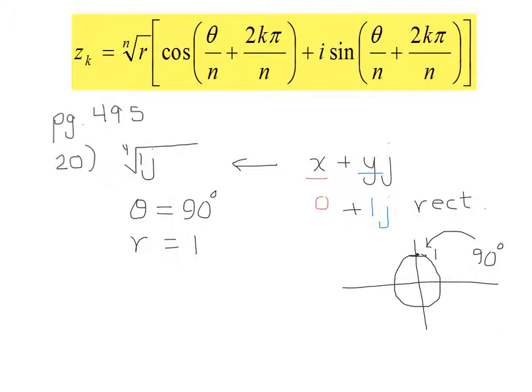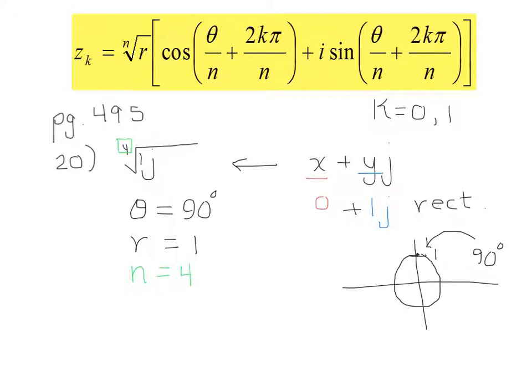n is the roots that I'm wanting to find. And so I am wanting to find fourth roots of j, so n is going to be 4. Now, when we're using this formula, we use the formula for all values of k beginning with 0, and in this case, since we're finding fourth roots, we need 4 values of k.